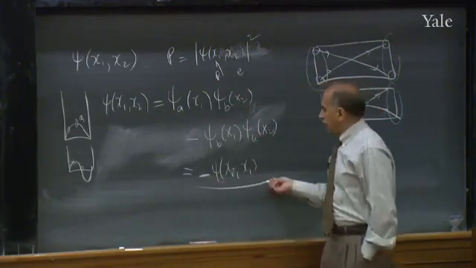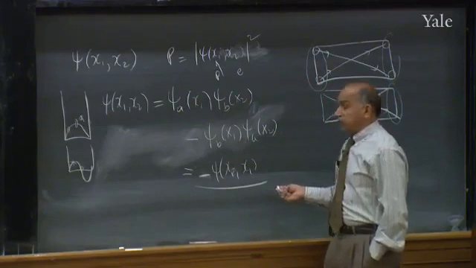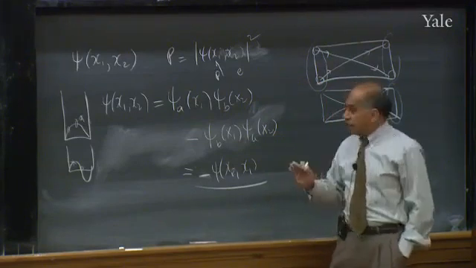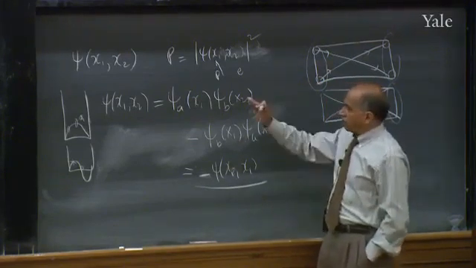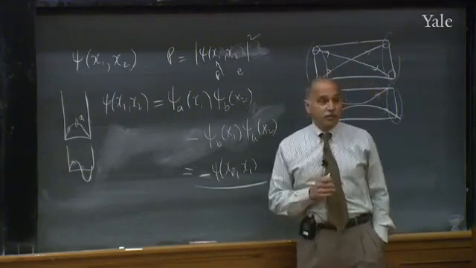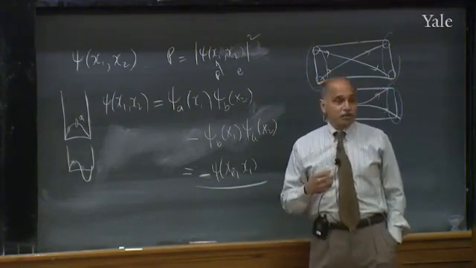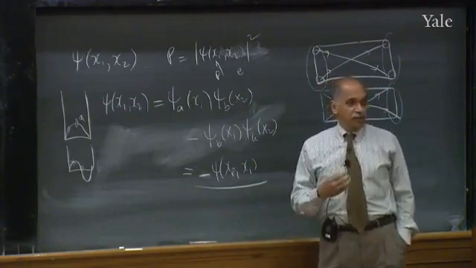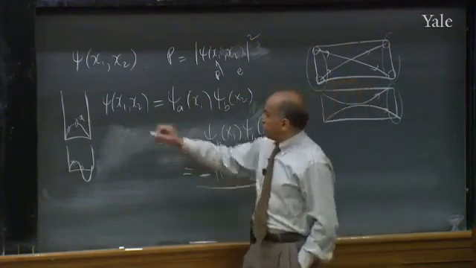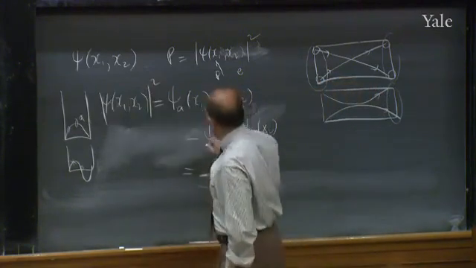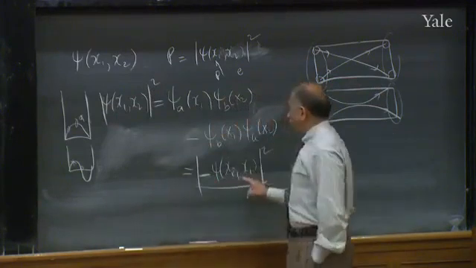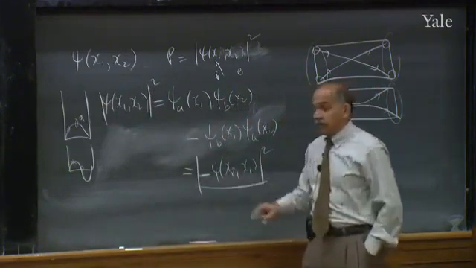So you might say, hey, things are not the same when you exchange the particles. But remember, the physical quantities are not given by psi, but by the square of psi. Probabilities are psi squared. So even with the minus sign, the probability for x1, x2 here is also the same as the probability for x2, x1 here, because when you find the absolute value, the minus sign goes away.